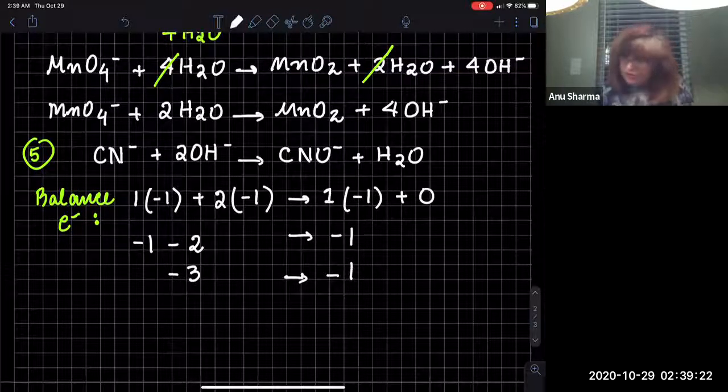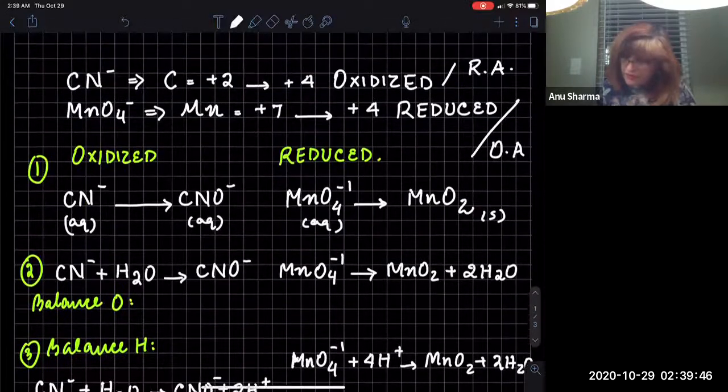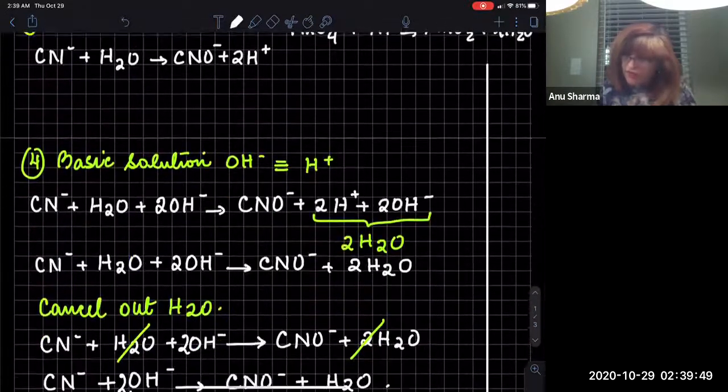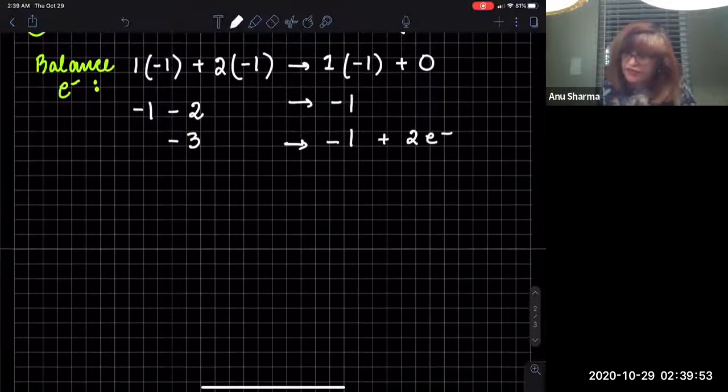You are going to balance each half with respect to the charge. With the CN, we are going to add 2 electrons to make it minus 3. And that is for the oxidation, right? The CN was getting oxidized. So for the oxidation, on the right-hand side, you add the electrons.